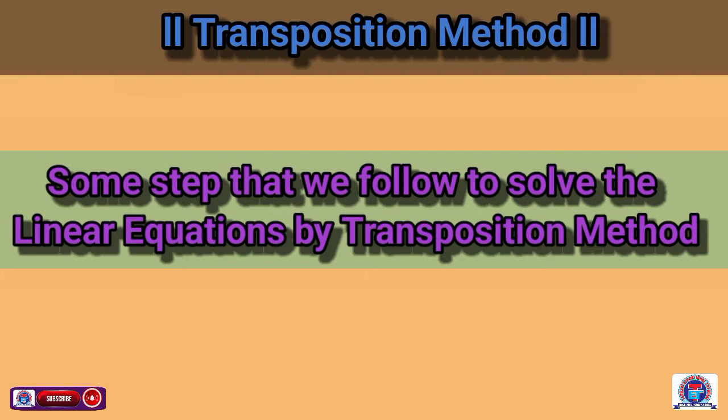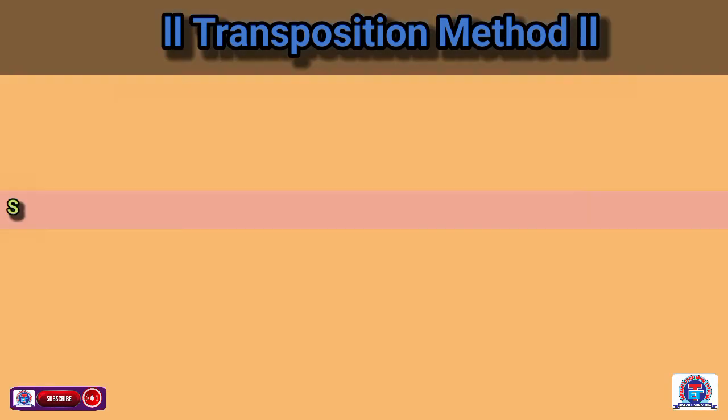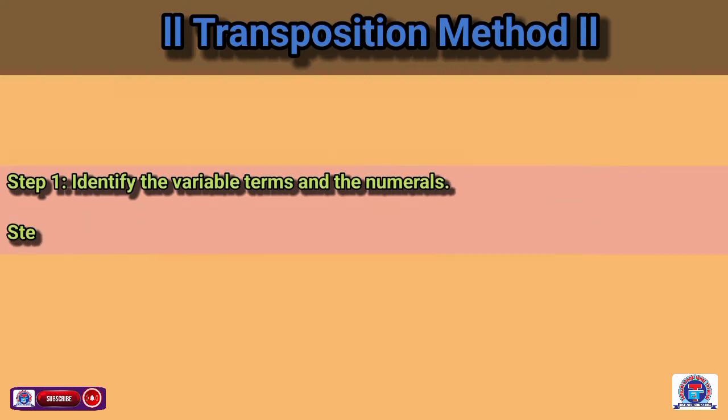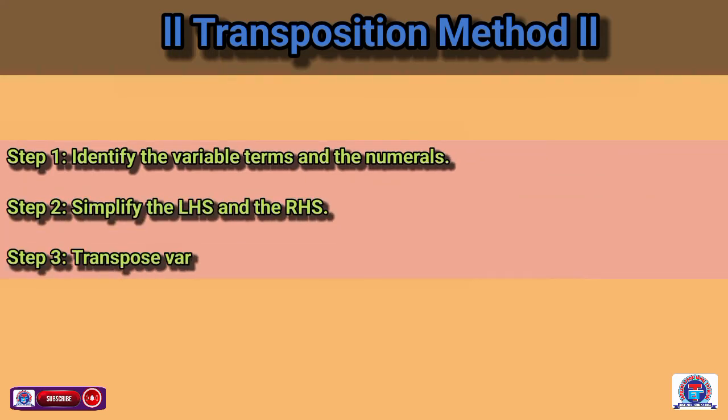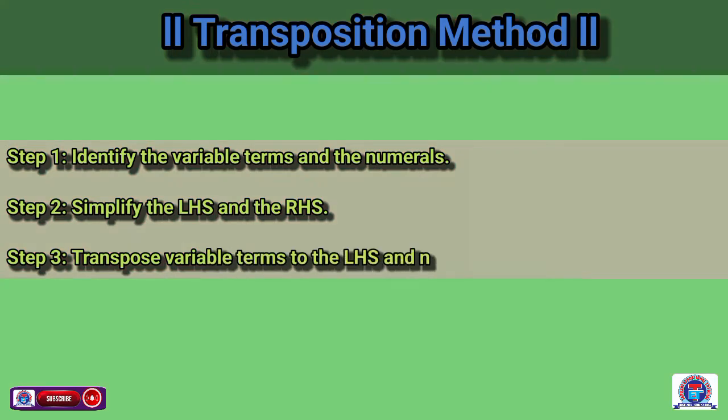So, some steps that we follow to solve the linear equation by transposition method. Step number 1, identify the variable terms and the numerals. Step 2, simplify the left hand side and the right hand side.